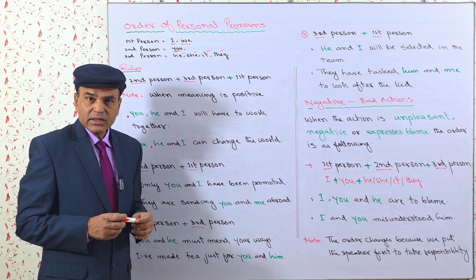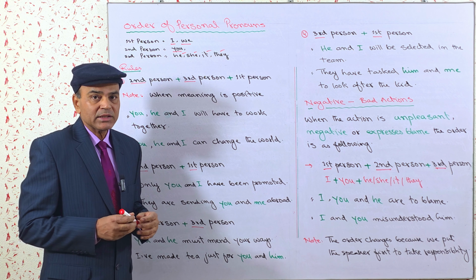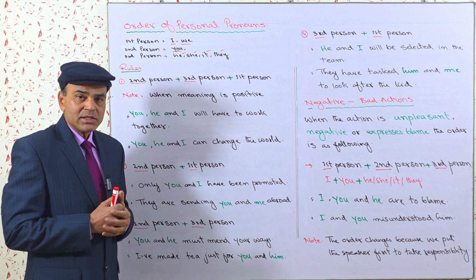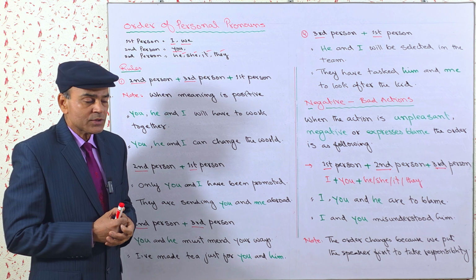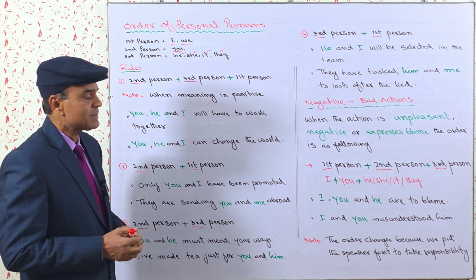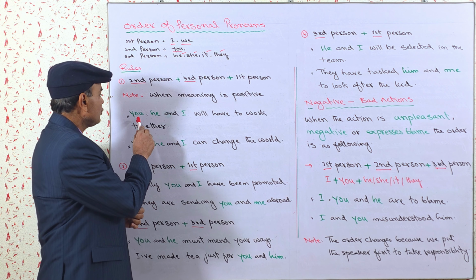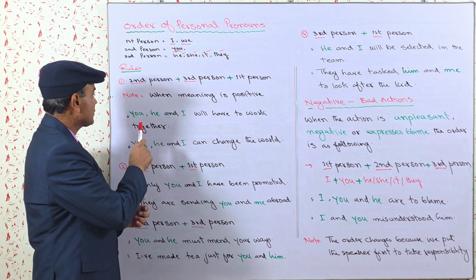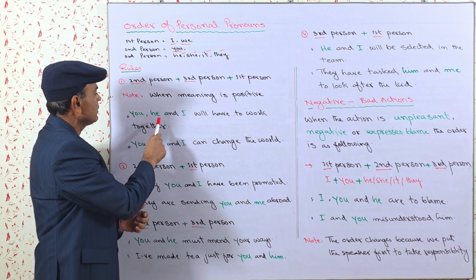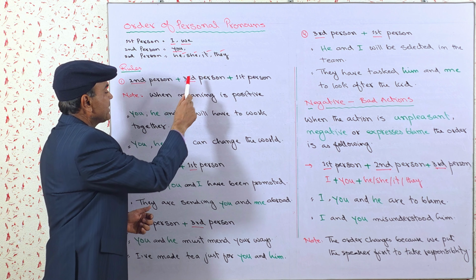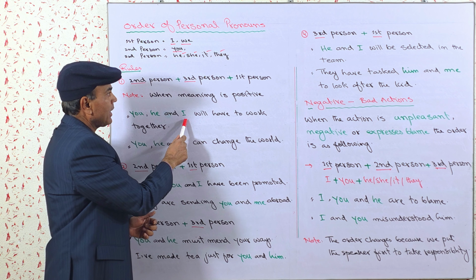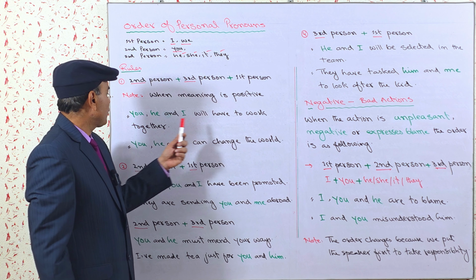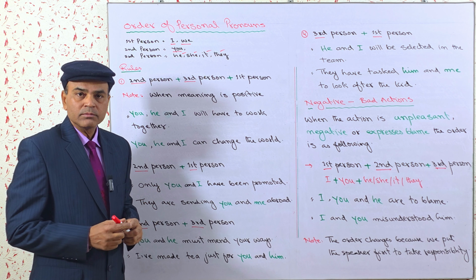Let us learn this rule through practical examples. The green letters are the personal pronouns in my sentences. So, you, he, and I. I placed you, second person, he, third person, and I in the last: you, he, and I will have to work together.